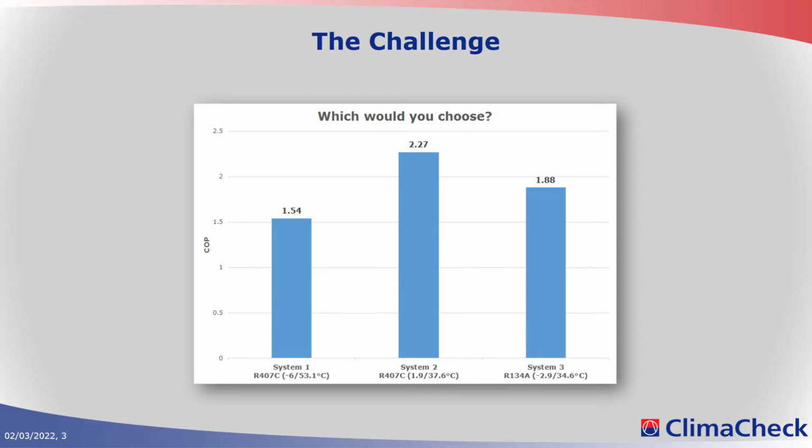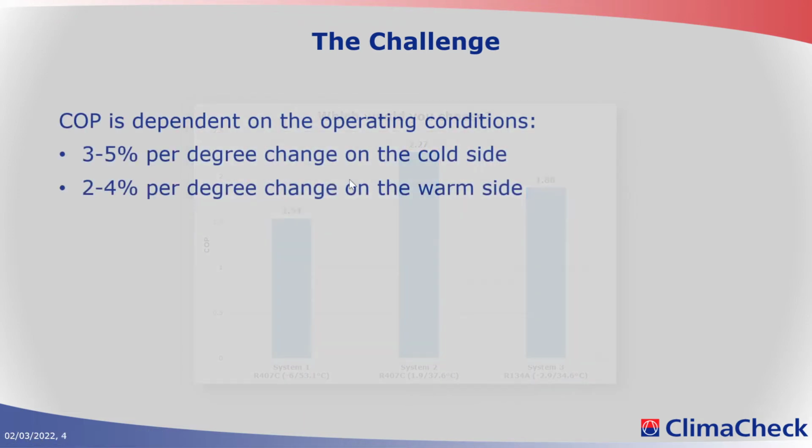Now the question is, what would system 1 have as a COP if it were to operate in system 2's temperature conditions? It is difficult to just look at the COP 1.5 and 2.2 and compare those systems, because the COP is dependent on the operating conditions.